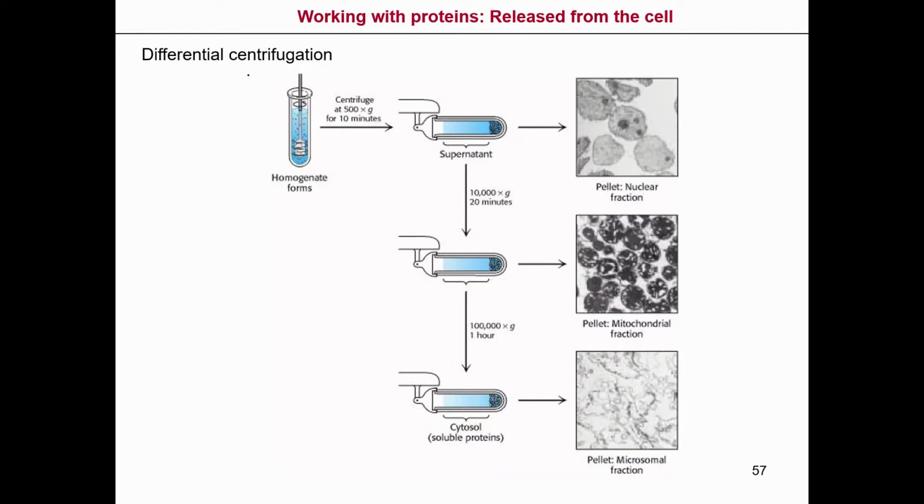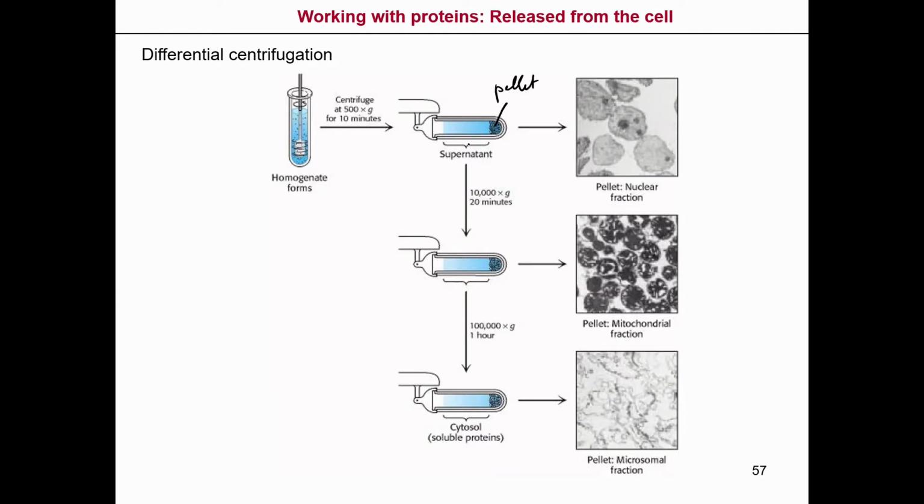Okay, so it's called differential centrifugation, sorry. So you will use several rates. In the beginning, you will use a slow rate. You have by centrifugation the supernatant, and here it's called the pellet. And for example, in the first round, you will have in the pellet the nuclear fraction.